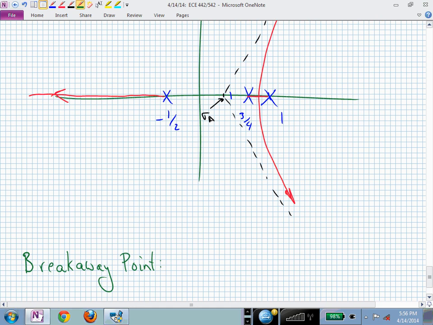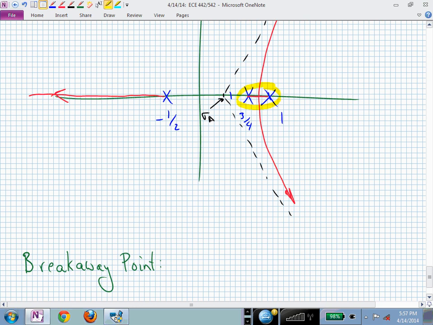Fine, I might ask you, where's the breakaway point? I might ask you something easy and say, circle the real line segment where the breakaway might occur, or where the breakaways might occur. And there you're just circling. If I ask you to do that, and here I might say, highlight in yellow the breakaway segment, and that would be what you would do. You won't have a highlighter. You don't have to go out and buy highlighters, but I might say circle.